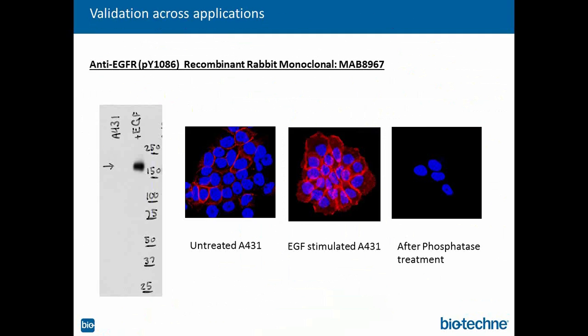After phosphatase treatment, we saw that all signal was abolished from the samples, and we did this for treated and untreated. I show you the untreated sample here. So we were sure we're only detecting the phosphorylated version of EGFR in this case.